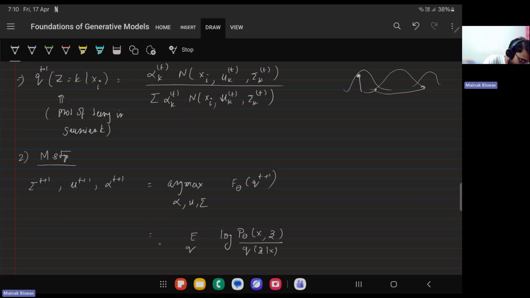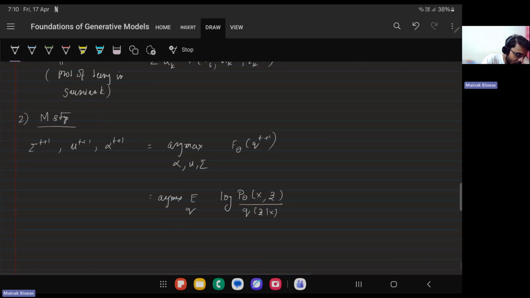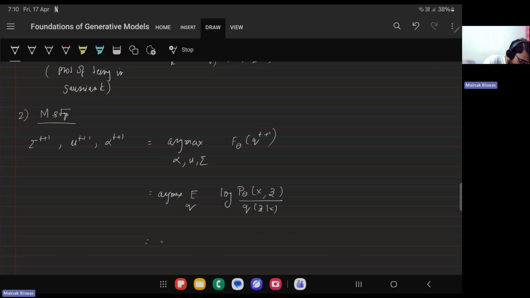Very good. And we are trying to maximize the argmax. So let's do it. We can write the expected value as the sum over k equal to 1 to K, where this is the expectation over q t+1. We fix q t+1.